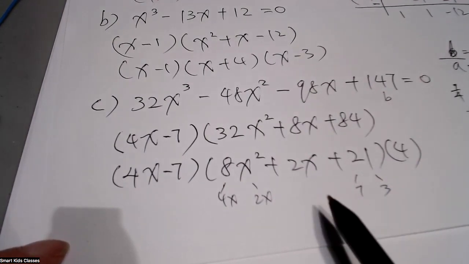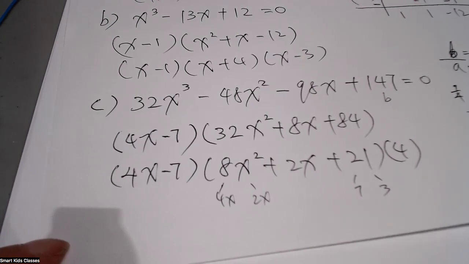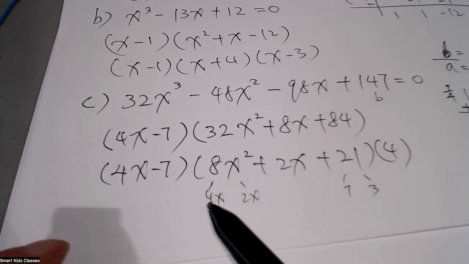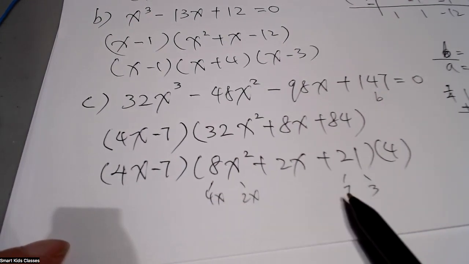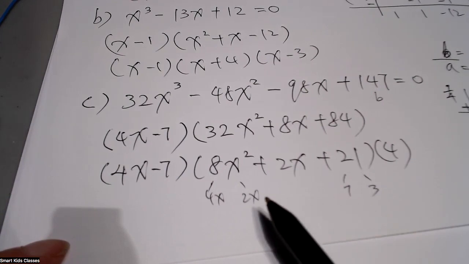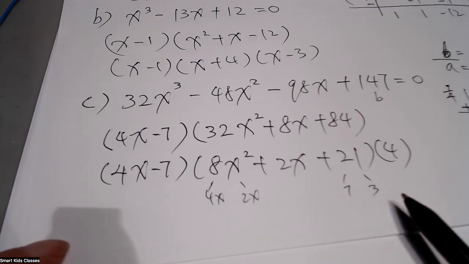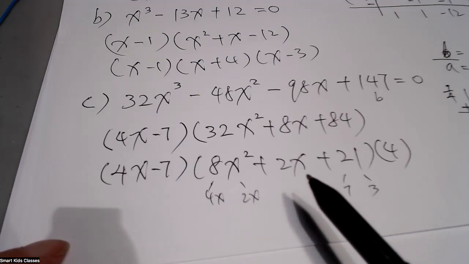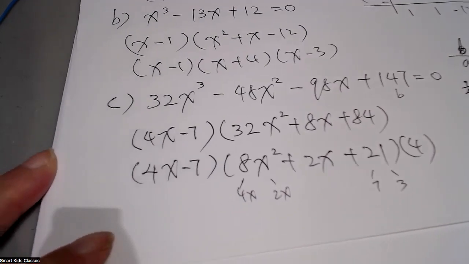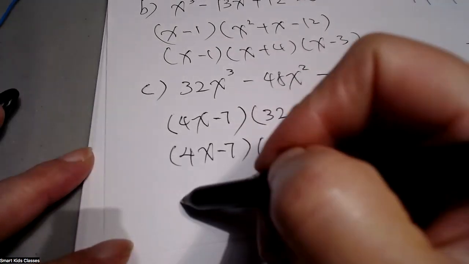So am I going to get a 2? And then I try. So 4 times 7 is, okay, 2 times 7 is 14, and 4 times 3 is 12. 14 minus 12, I got 2. Yes, I can get it factoring.